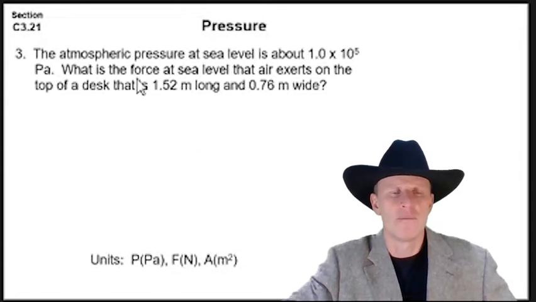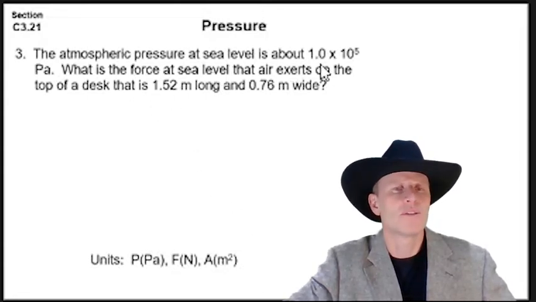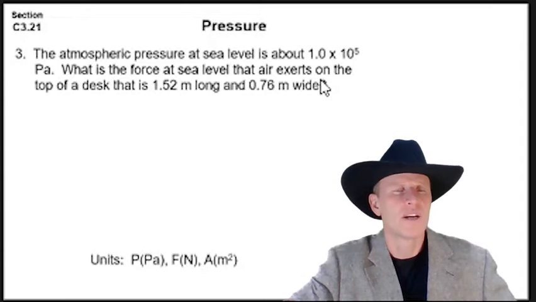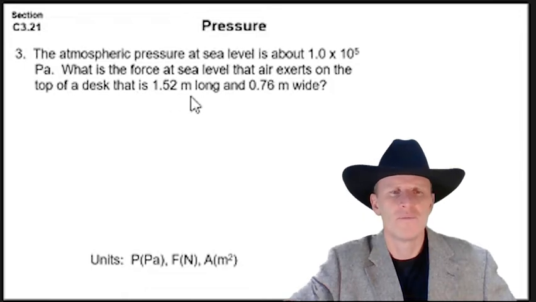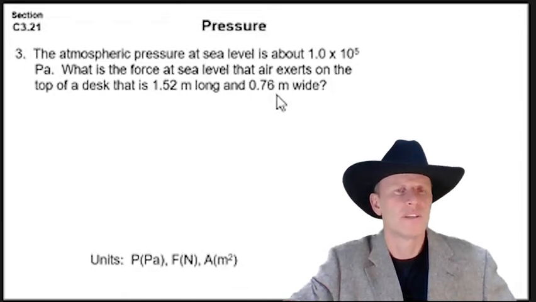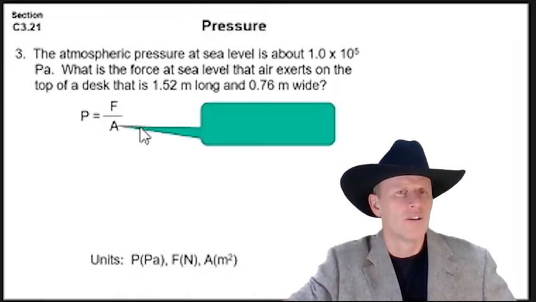Number 3, the atmospheric pressure at sea level is about 1.0 times 10 to the 5th, 100,000 pascals. What is the force at sea level that air exerts on the top of a desk that is 1.52 meters long and 0.76 meters wide? Well, again, here's our formula.